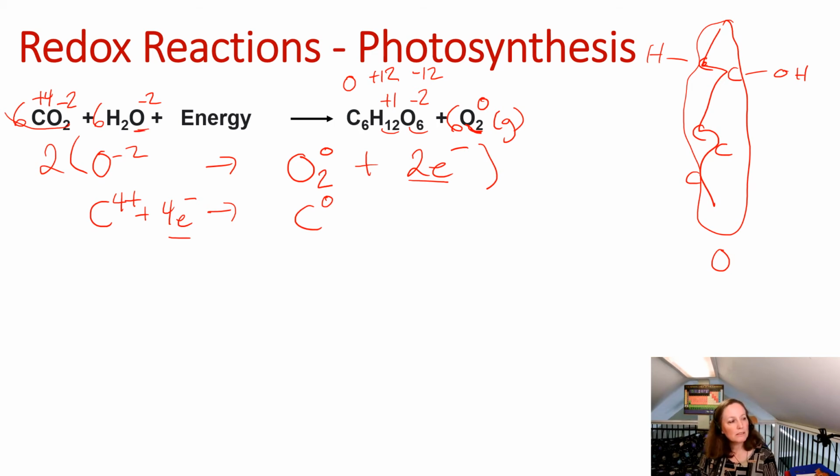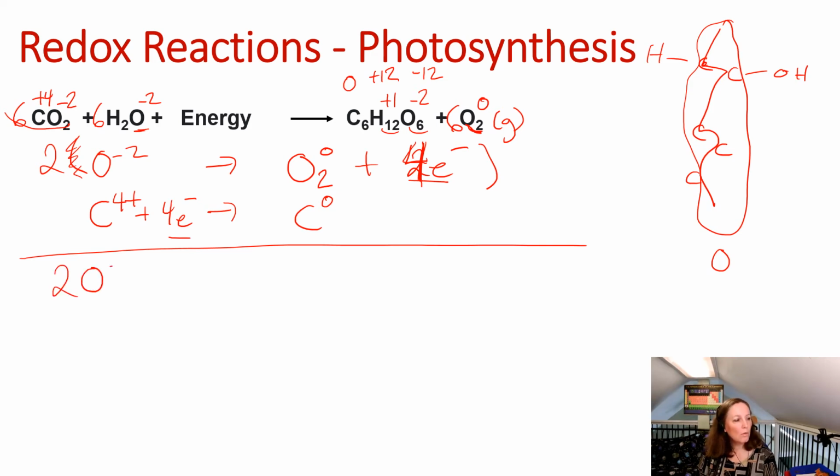It doesn't really matter because it's a -2 charge in both cases, and you're going to need 2 oxygens here leading to the O2 on this side. Now with carbon, you have to think of how you've got 4 carbon there. It gets a little wishy-washy, but as long as we're balancing our electrons and we can add this up, we can at least see where things are adding up.